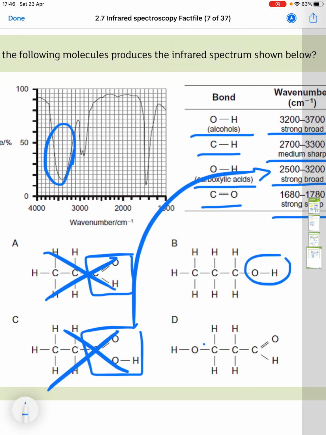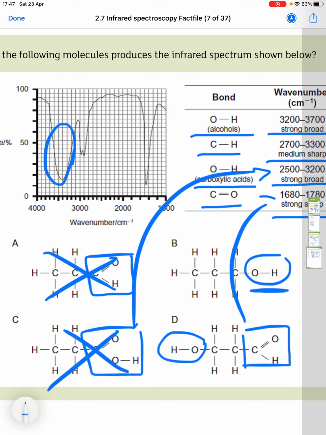We also have D, which has the alcohol group in it, so it must be either B or D. And then when we look at the difference here, B just has the OH group in it, and D has this C with a double bond to the oxygen.